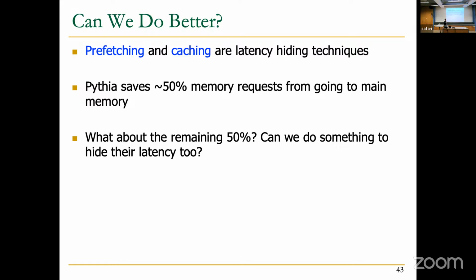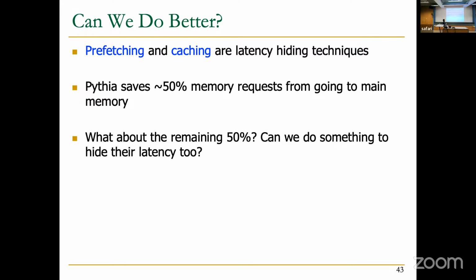But the cost of getting the data from where it was residing, in the off chip main memory, is the same. We are not fundamentally reducing the latency, but as far as the processor's perspective is concerned, we are hiding it.